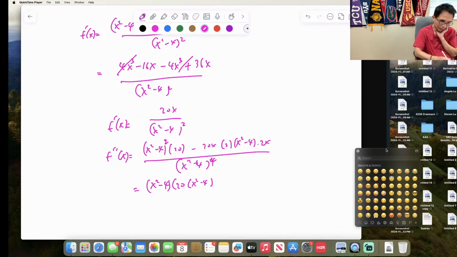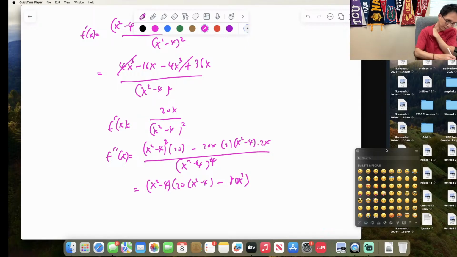You cannot cross them. 20 times x squared minus 4, minus 20x times 2, which is 40x, which is 80x squared.